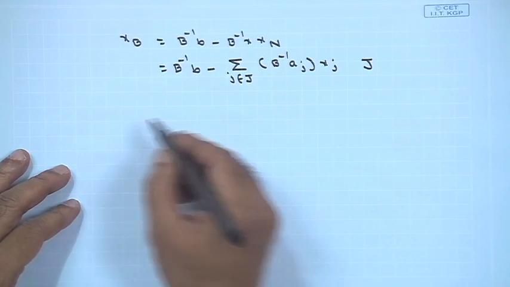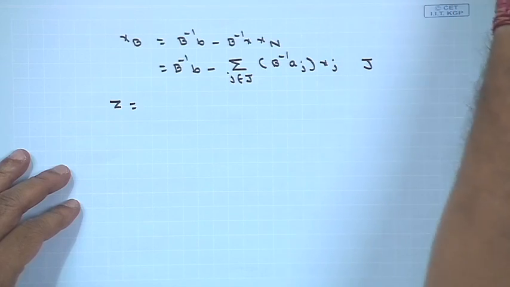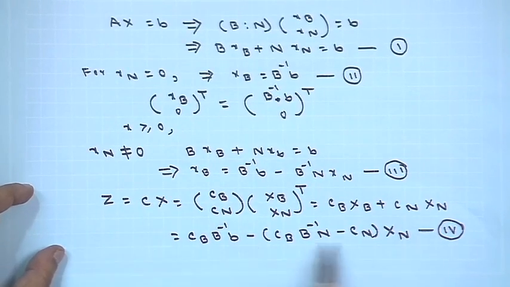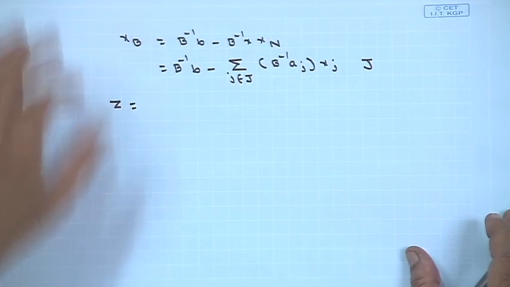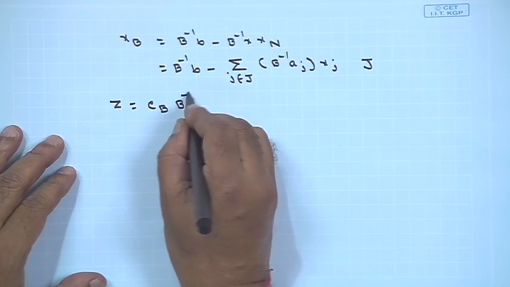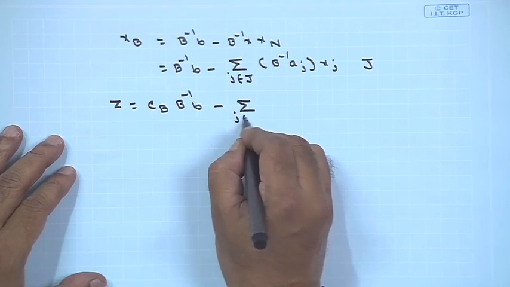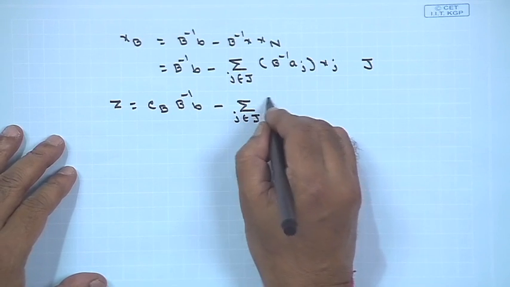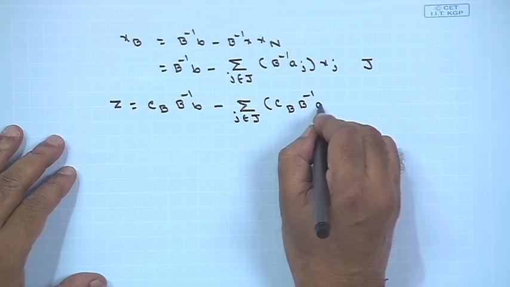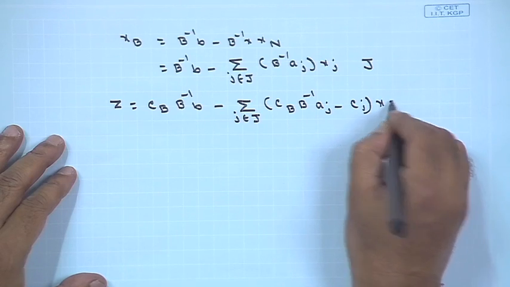So, using this your z can be written from this equation. If I substitute in equation 4, I will obtain z equals C_b B inverse b minus summation j belongs to capital J of (C_b B inverse A_j minus C_j) into x_j.